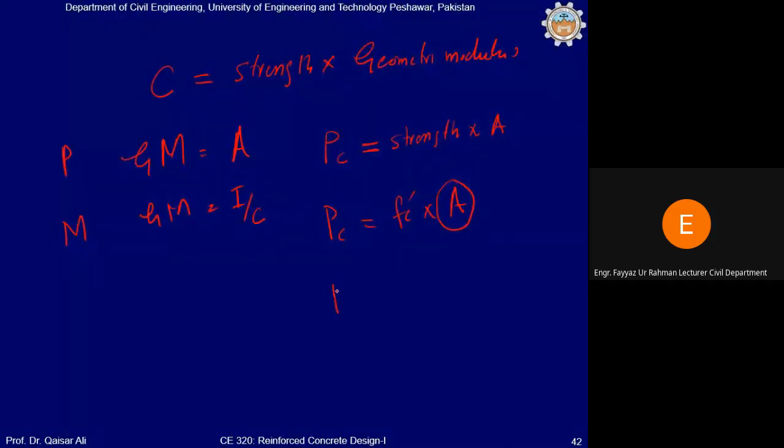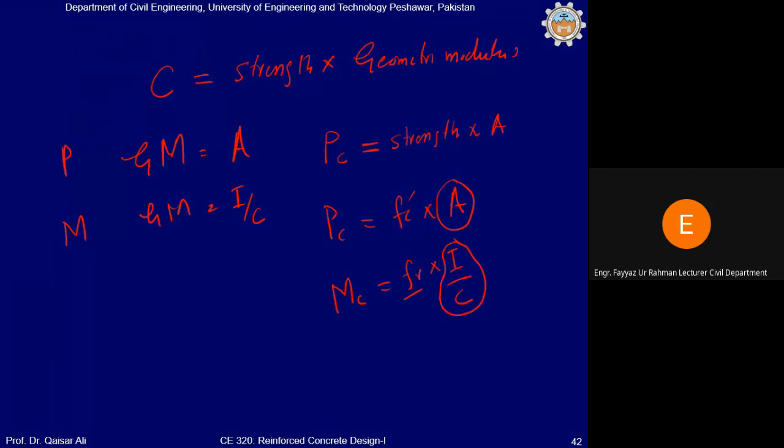If you want to calculate the moment capacity, it will be equal to Fr multiplied by I divided by C, where Fr is the tensile strength of concrete, and I divided by C is called the section modulus, the elastic section modulus.